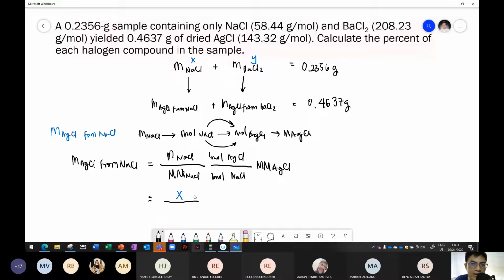Yung molar mass ng NaCl, nasa Google lang yan. Molar mass ng AgCl, nasa Google lang yan. And then yung mga mole factors, nakuha natin from the Cl, no? The number of Cl atoms in your molecule. Okay? Ibig sabihin, pwede talaga tayo makagawa ng expression.